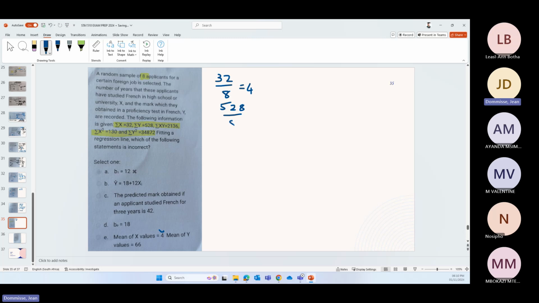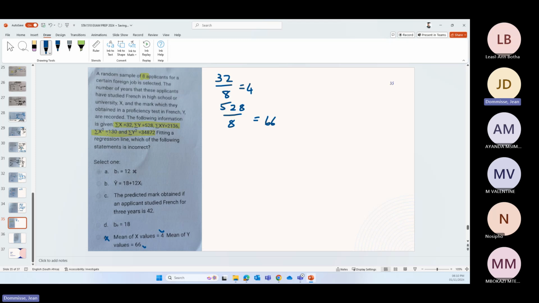That divided by 8. 528 divided by 8, 66. Okay, so unfortunately those two are correct. We're looking for the incorrect one. So it's not that one. Okay, if I'm looking at those two, that we need to work out. So and we need to work out that.